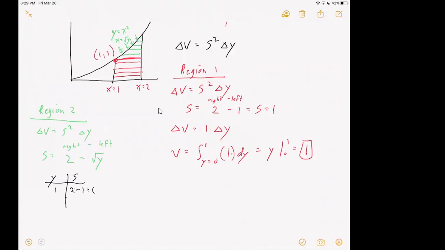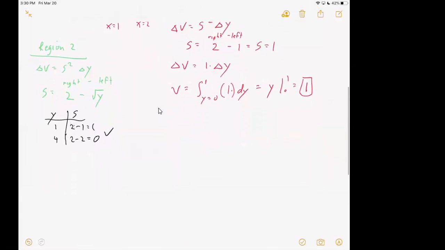When we get to the top of the region, that would be up here at the point 2, 4. If I put in a y value of 4, I end up with 2 minus 2, which is 0. So those check out nicely. They give us the right side lengths for our squares as we look at the two extremes of the region in terms of the y values.